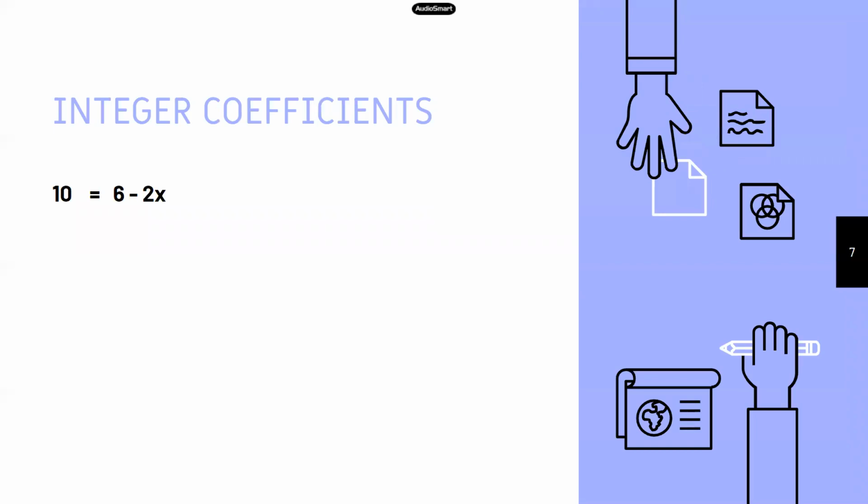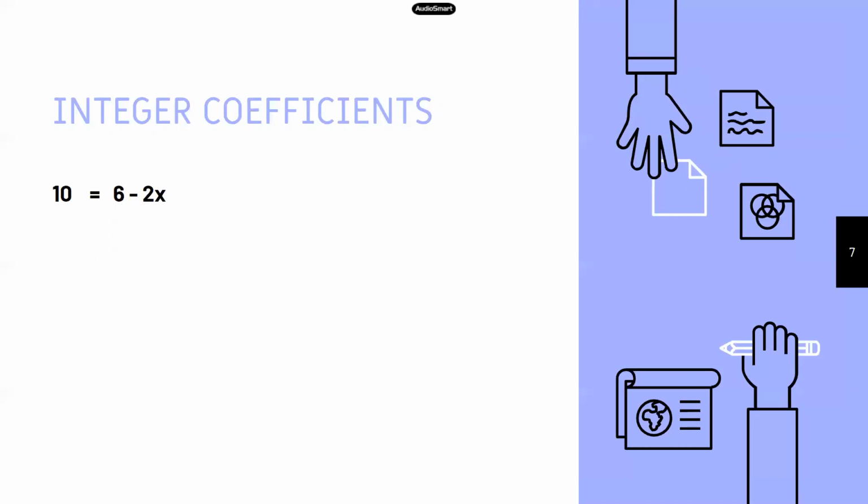So over here, we have integer coefficients on the variables, which basically means that what's happening is that the variable, which is x in this example, is being multiplied by a whole number. When we have non-integer coefficients, that means that we're multiplying the variable by a fraction, or essentially just dividing it.